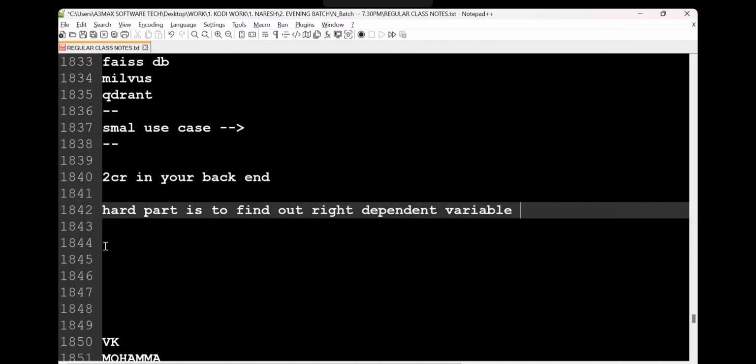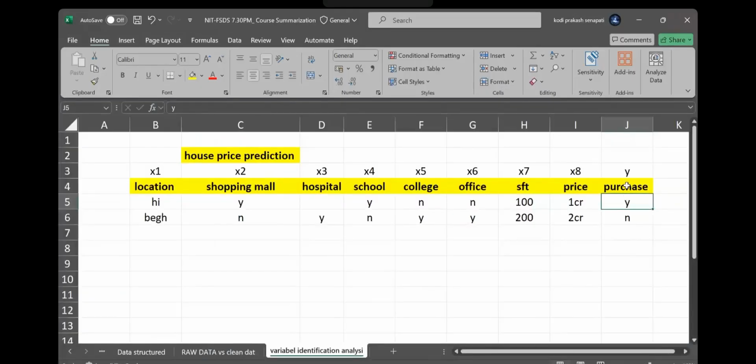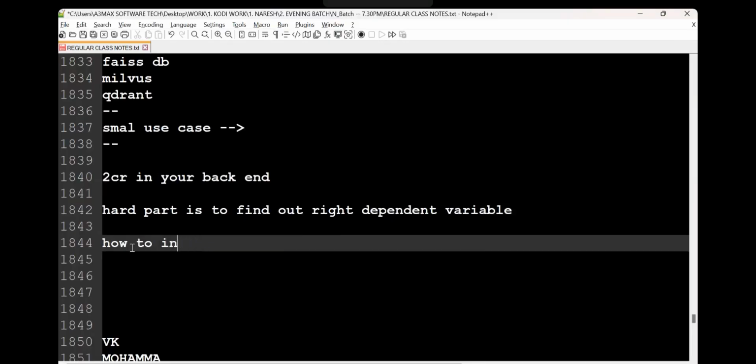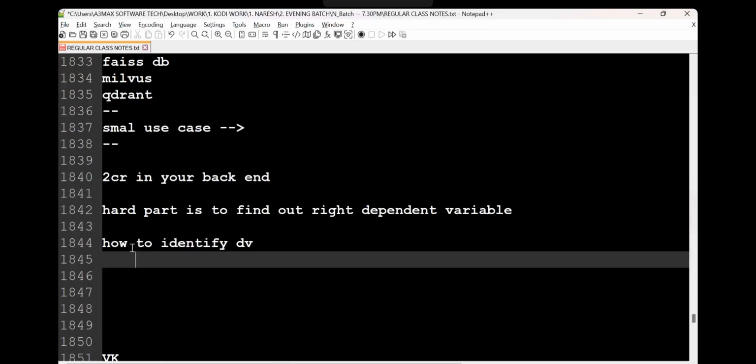If instead of purchase yes or no, you select shopping mall as the dependent variable, what happens? The business is a disaster, isn't it? You'll ruin the business. So understand, guys. So the next one, how to identify the dependent variable: business understanding.